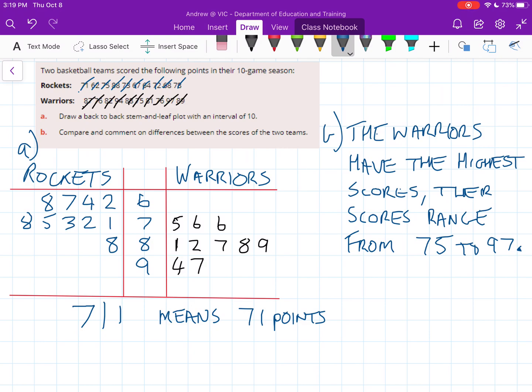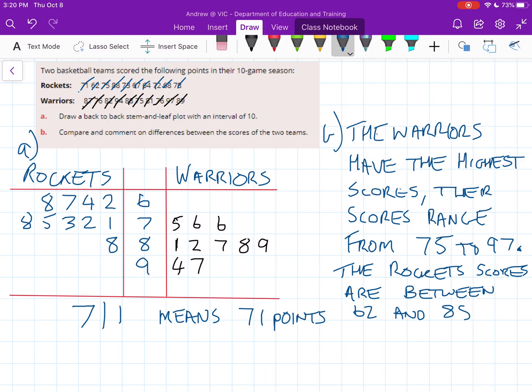So the Rockets' scores are between 62 and 88.